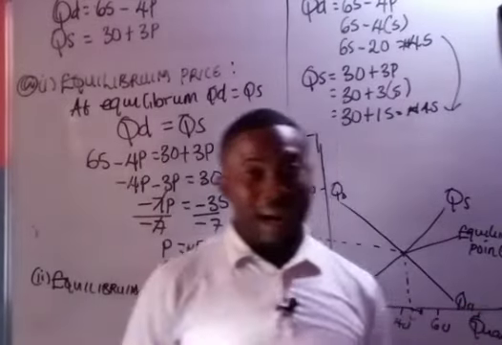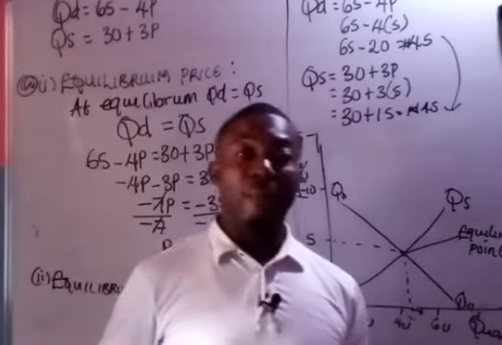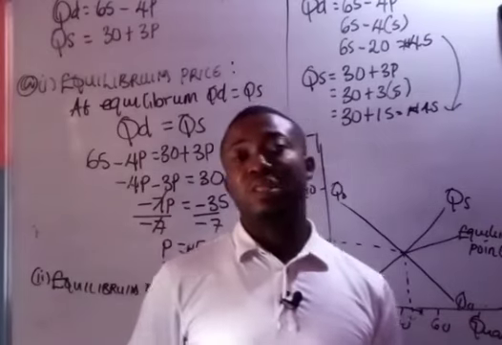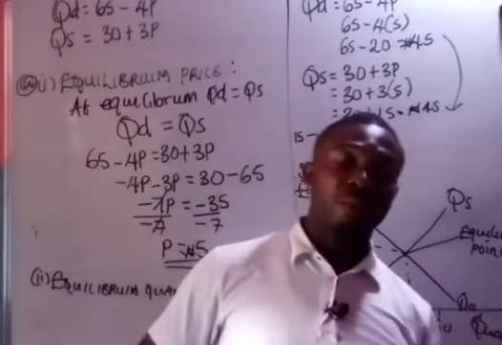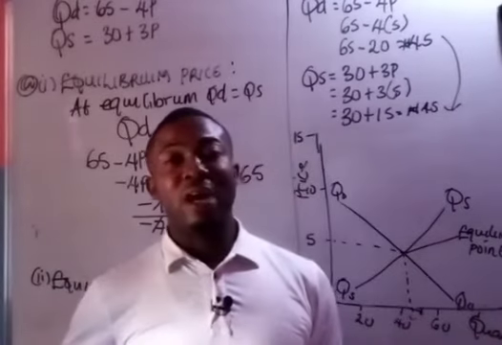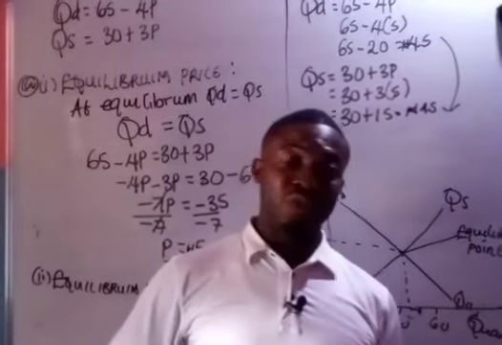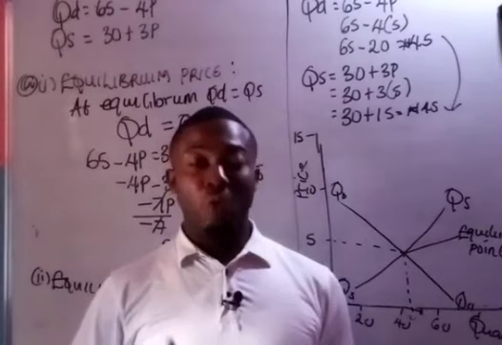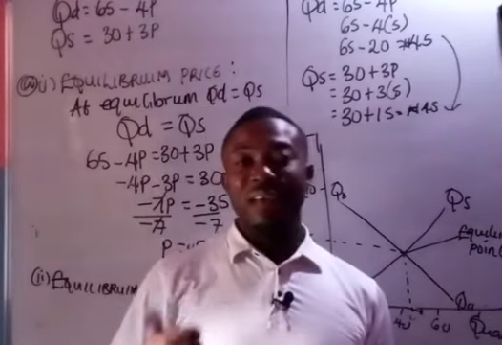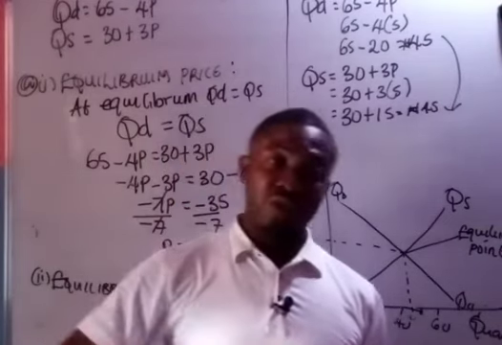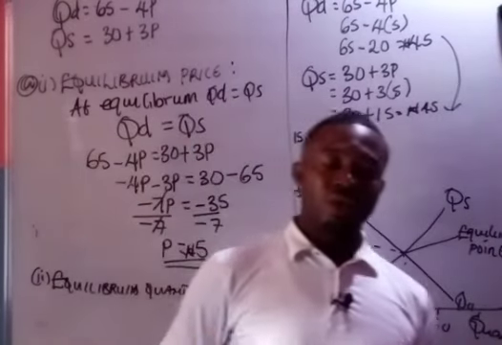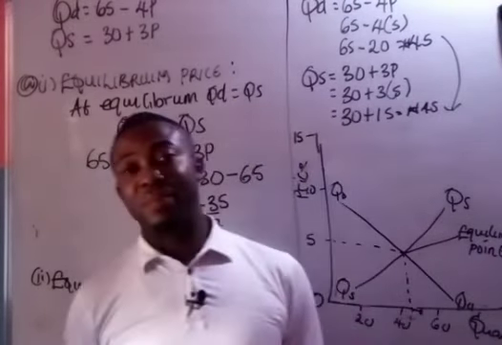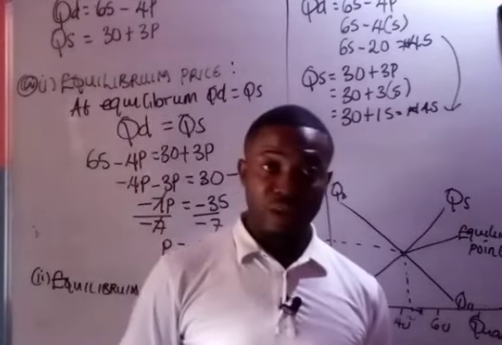The price of the commodity is one of the factors that affect supply, in the sense that if the price of the commodity increases, the supply of goods by the producers will also increase. If it reduces, the supply also reduces, following the law of supply.